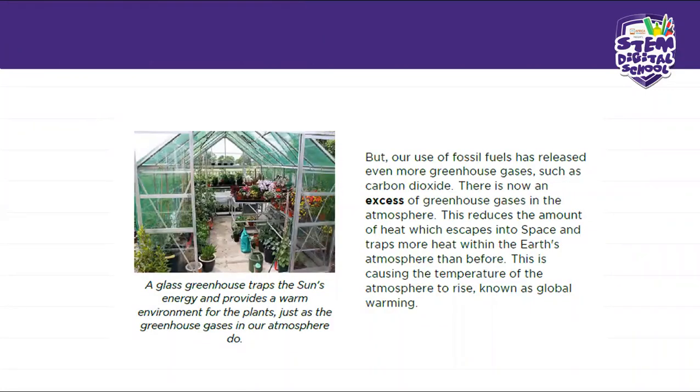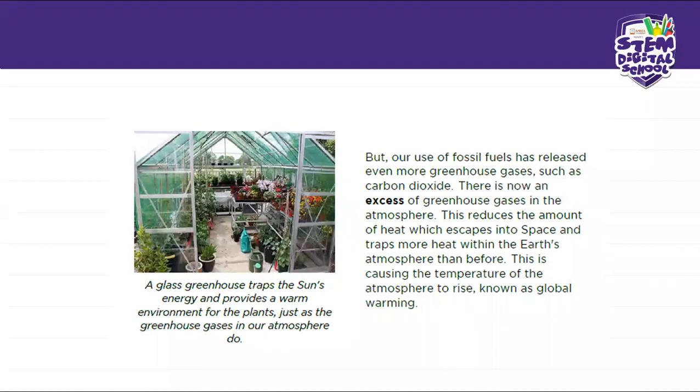But our use of fossil fuels has released even more greenhouse gases, such as carbon dioxide. There is now an excess of greenhouse gases in the atmosphere. This reduces the amount of heat which escapes into space and traps more heat within the Earth's atmosphere than before. This is causing the temperature of the atmosphere to rise, known as warming.